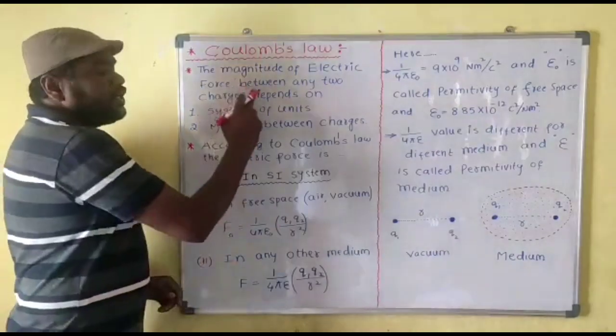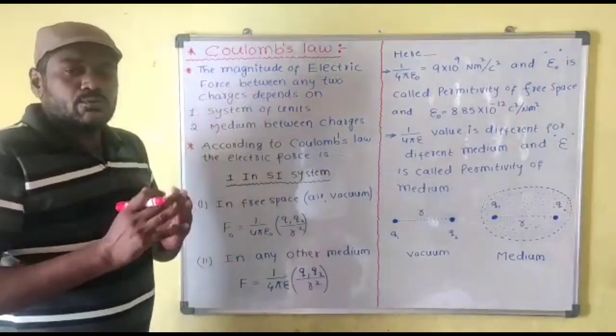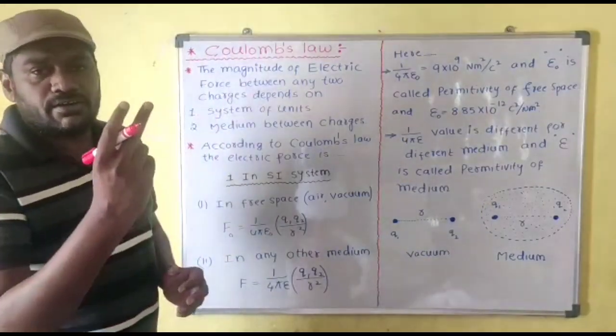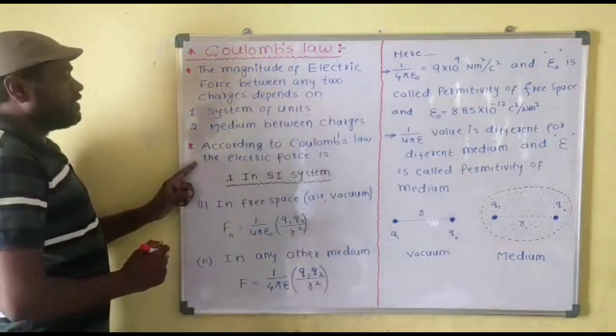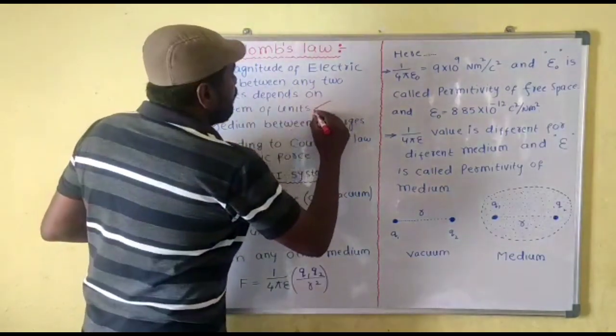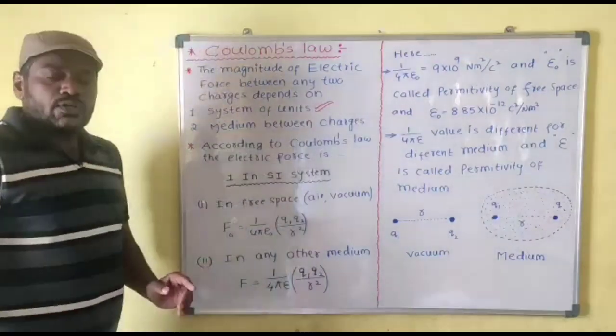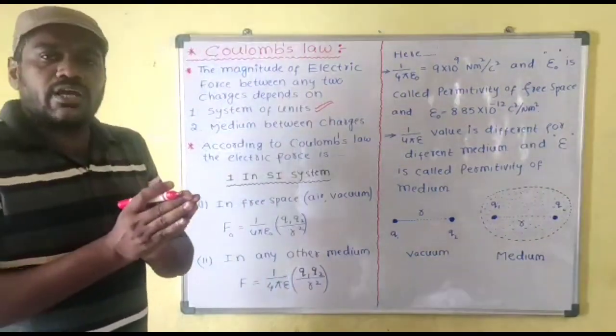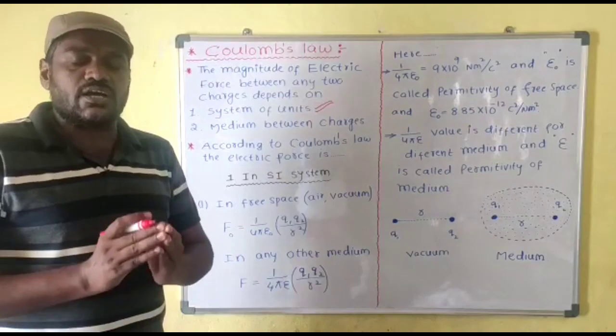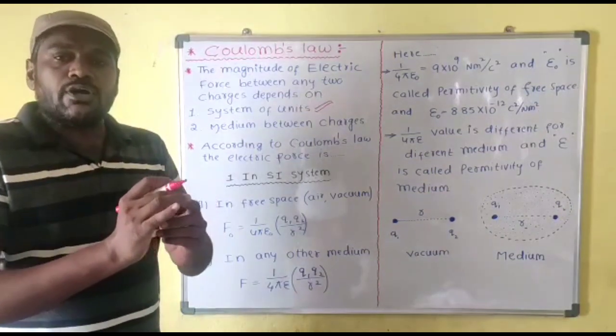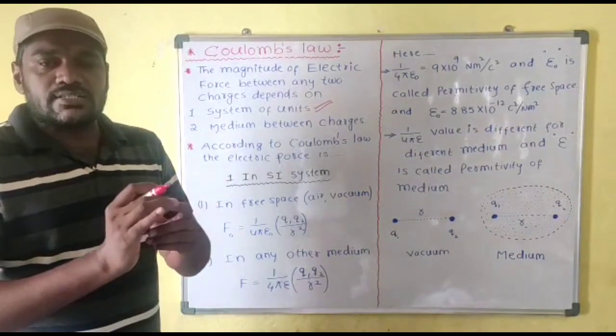Now, the magnitude of the electric force between any two charges depends on two important factors. The first important factor is the system of units used. To find the electric force between two charges, what unit are you using, either SI unit or CGS unit?